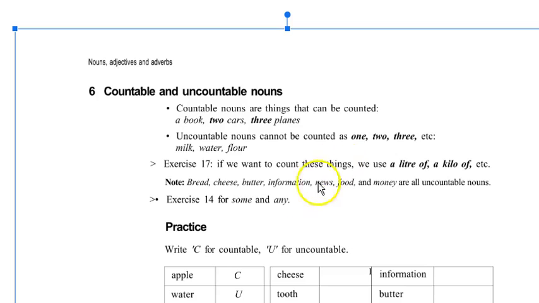So it said here on exercise 17, if we want to count these things, we use a liter of, a kilo of, etc. For example, you wanted to say, give me two rice. It's wrong. So you can say, give me 2 kilos of rice.